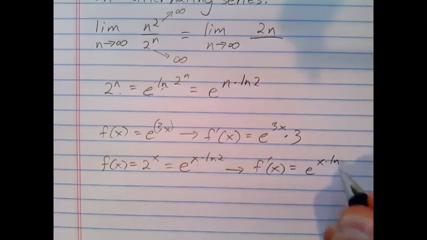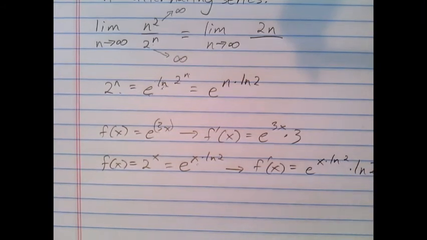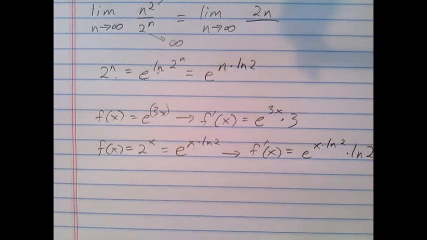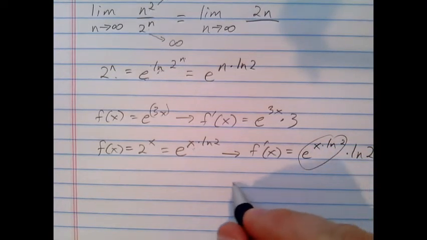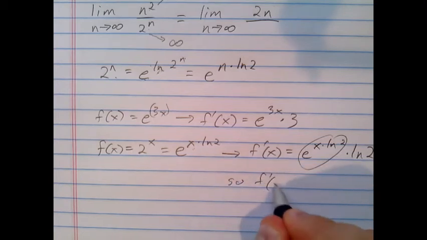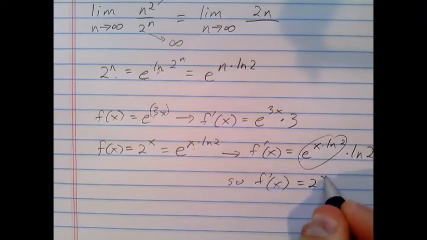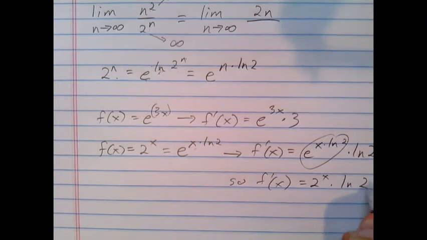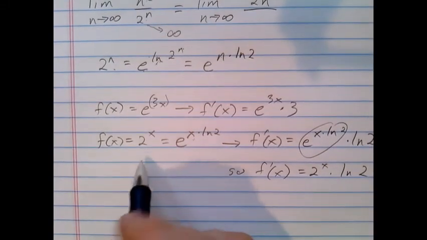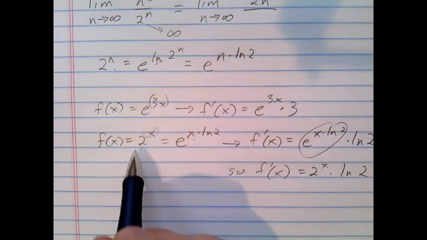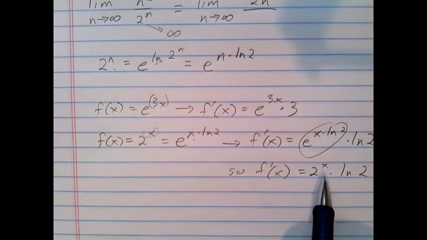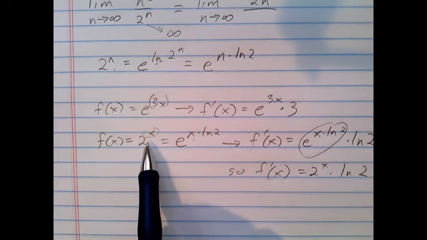So e to the x times natural log of 2 times natural log of 2. Okay, and of course this part here was equivalent to 2 to the x. So f prime of x is 2 to the x times natural log of 2. And that's true in general. If I've got a positive constant raised to a variable power and I want to take the derivative, I just multiply by the natural log of that constant.